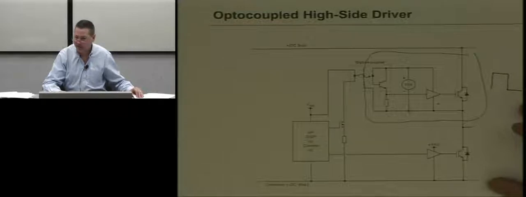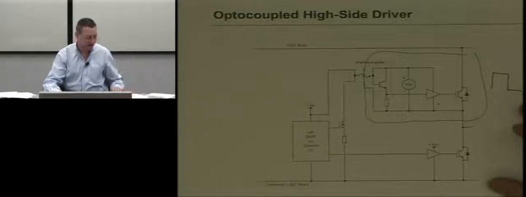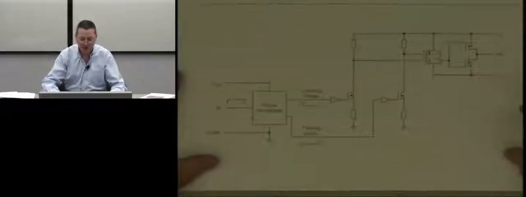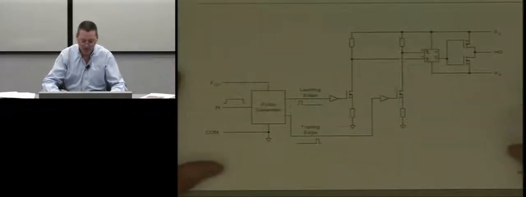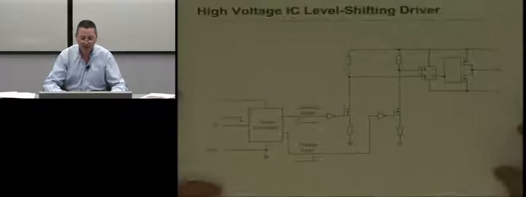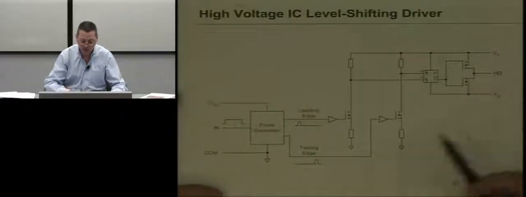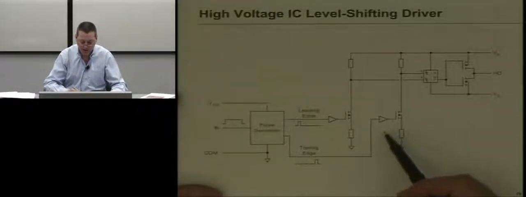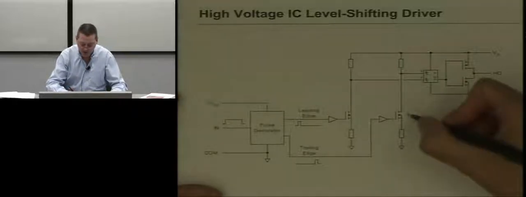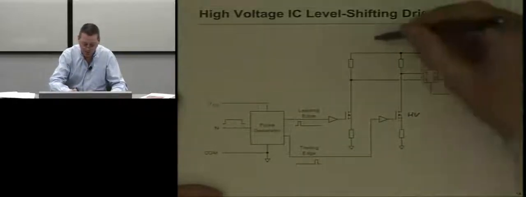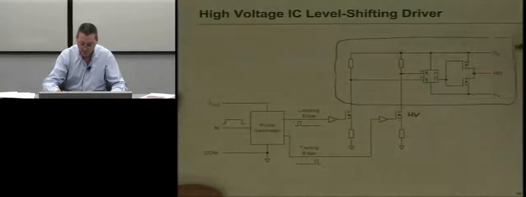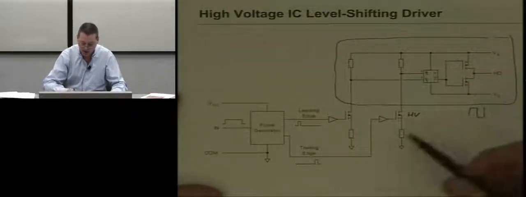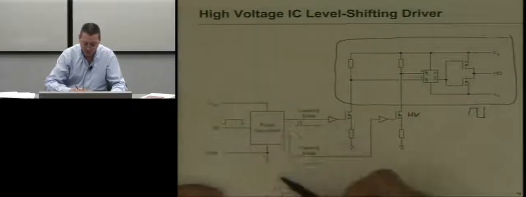They're multi-hundred nanosecond devices. So another way to accomplish this same goal is to use what's called a level shifting high voltage IC. These are high voltage devices. So this whole chunk here floats up and down with your output voltage, and this is all at logic level down here.